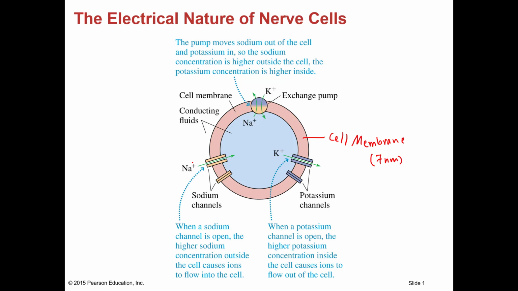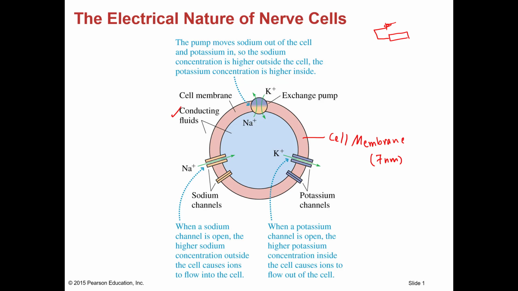And there is conducting fluid inside and outside the cell membrane. So this inner part has conducting fluid, and the outer part also has conducting fluid. In this cell membrane, the ions are the charge carriers. In our RC circuit, when we talk about the flow of current, the electrons are the charge carriers.